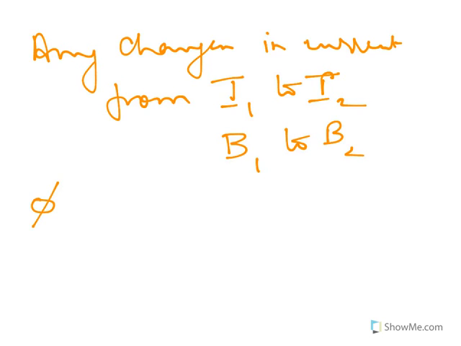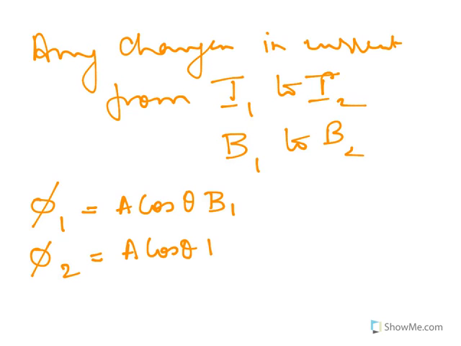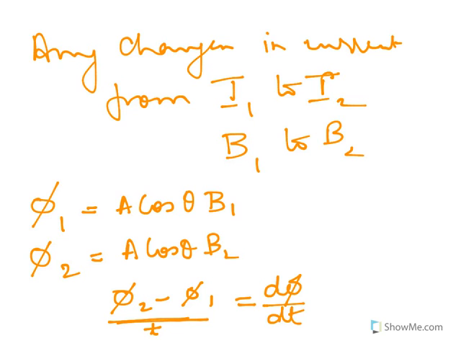So phi 1 can be written as A cos theta B1. Phi 2 can be written as A cos theta B2. Phi 2 minus phi 1 by the time it takes to change is equal to d phi dt, which is equal to the induced EMF.